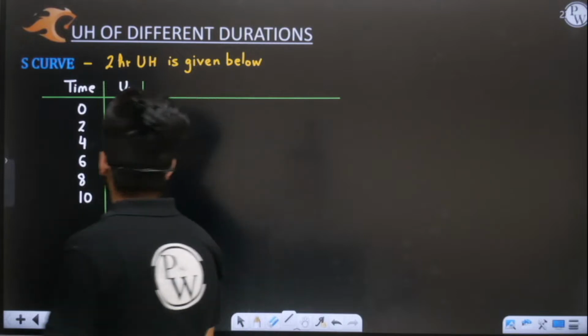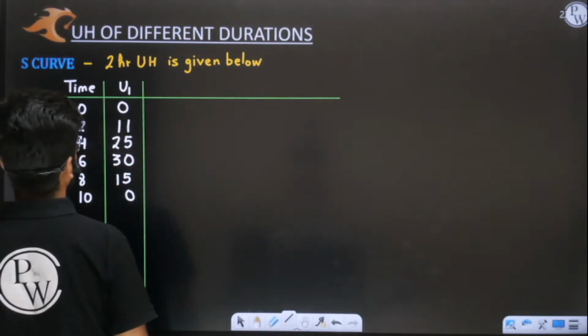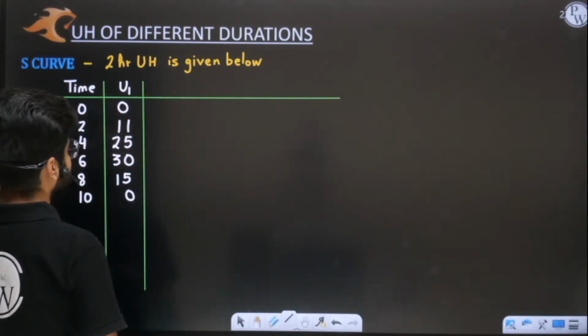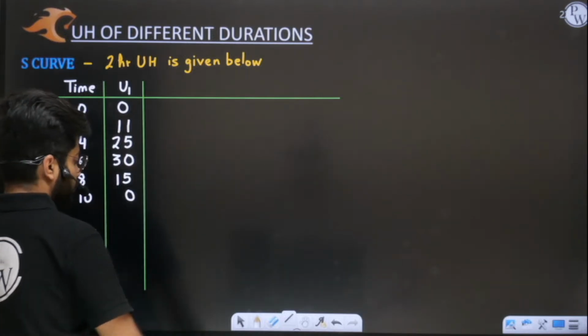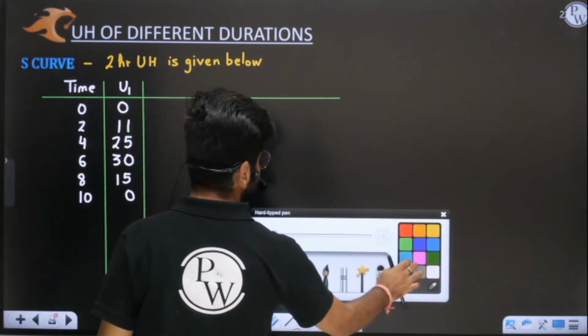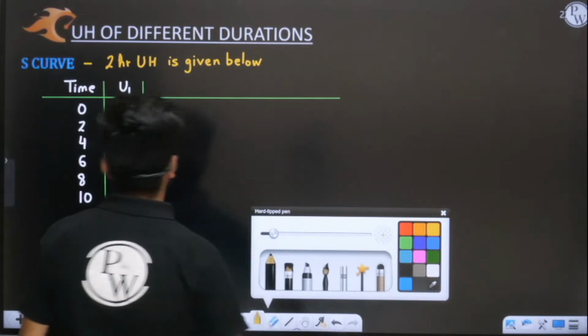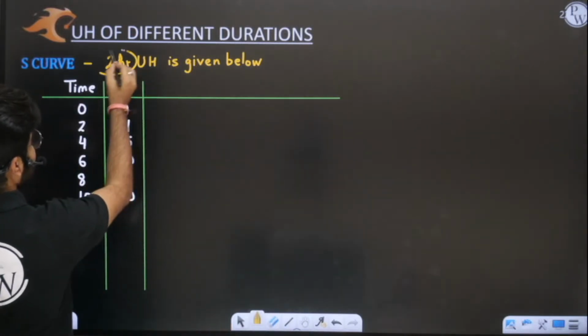So this is time, this is unit hydrograph. We need to understand one thing, that here rainfall has happened only for 2 hours.